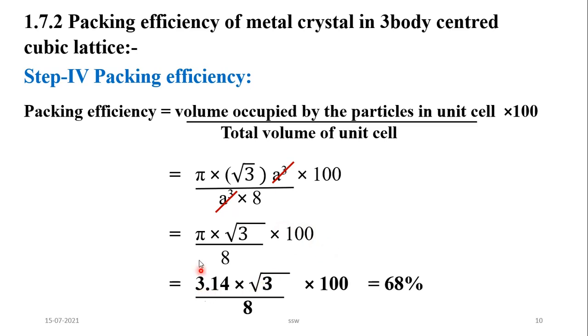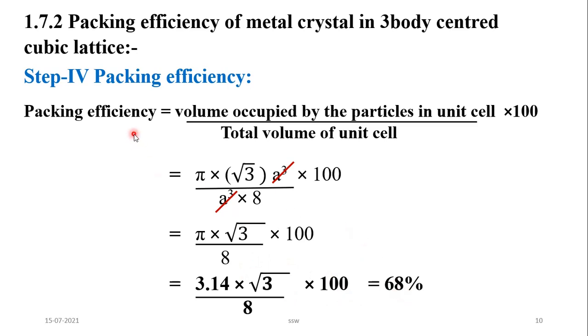Therefore here the value of pi is 3.14. So 3.14 into root 3, it comes to be 5.44. So 3.14 into root 3 divided by 8 into 100, and this comes to 68%.